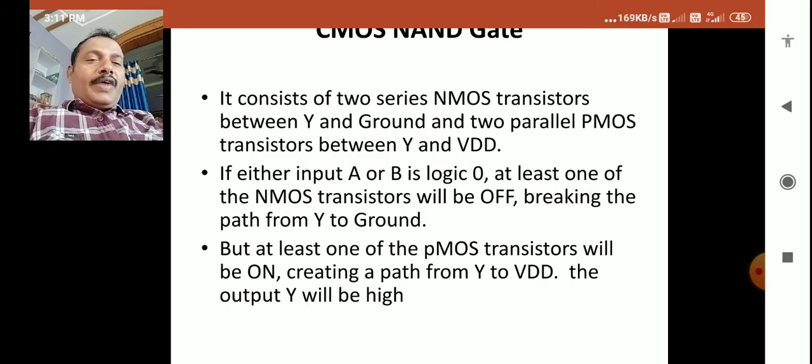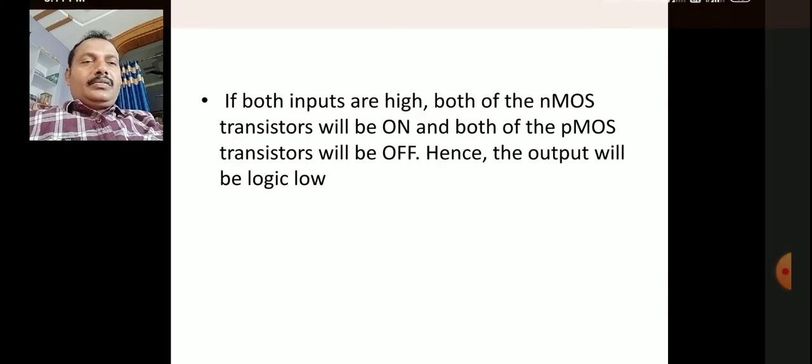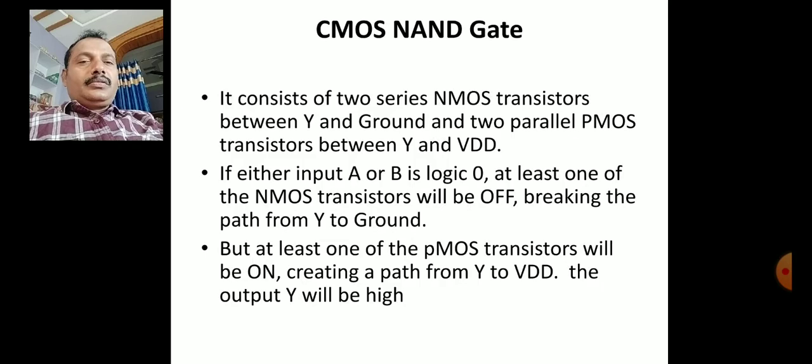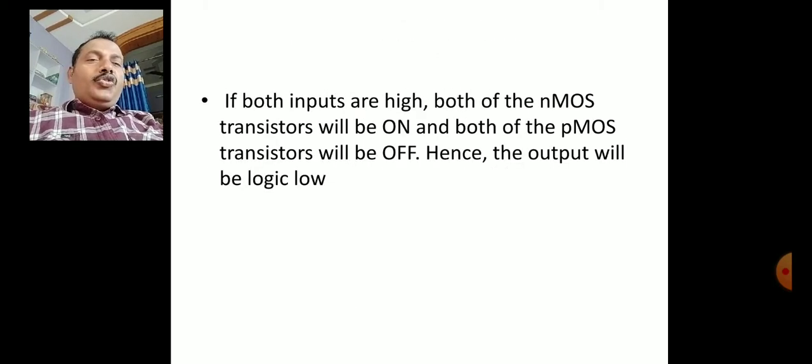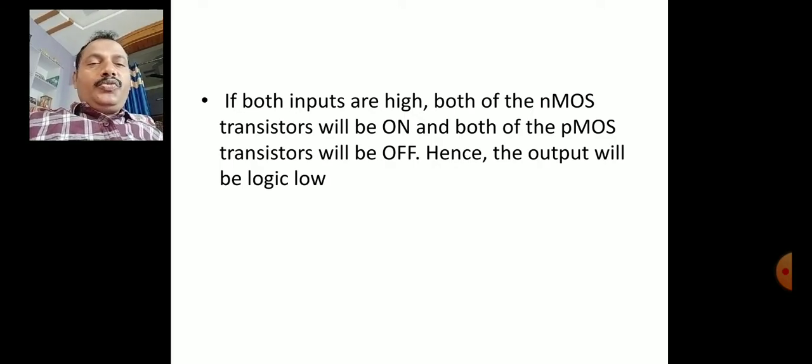The output Y will be high in that case. If both the inputs are high, both of the NMOS transistors will be on and both of the PMOS transistors will be off. Hence, the output will be logic 0.